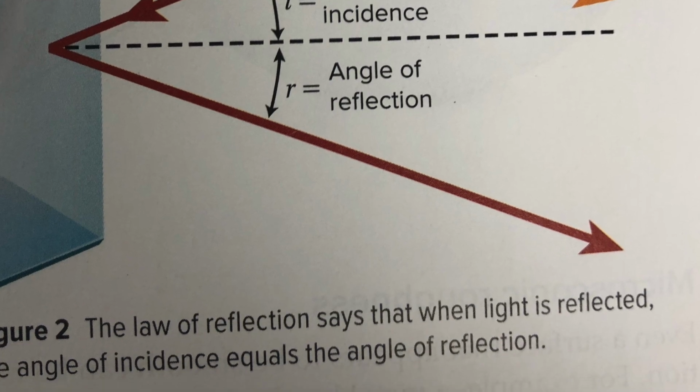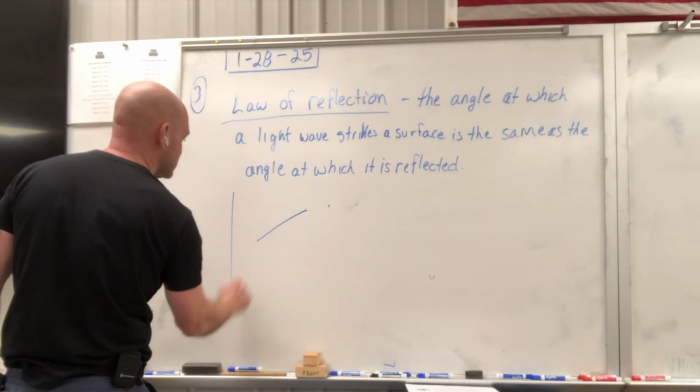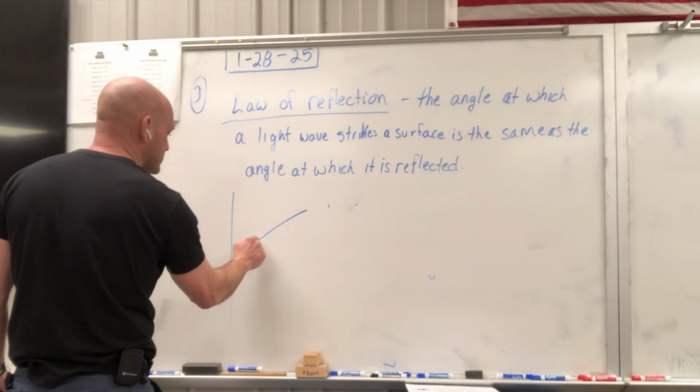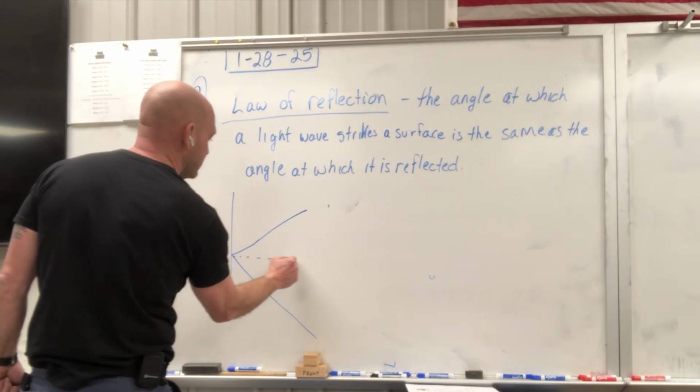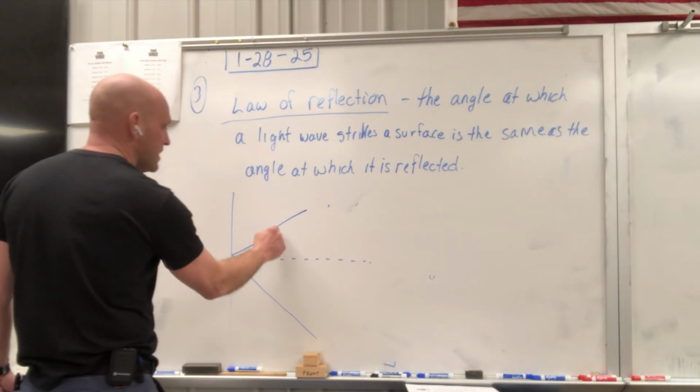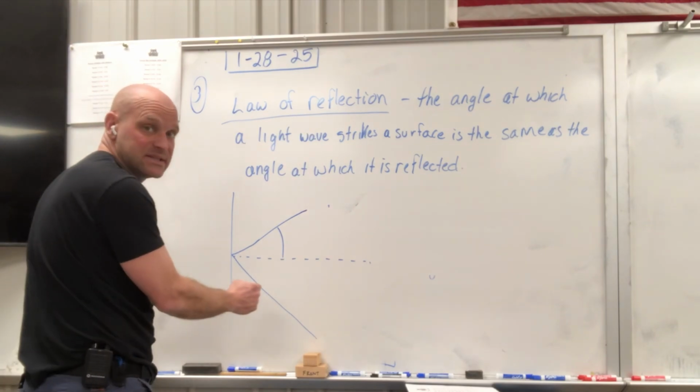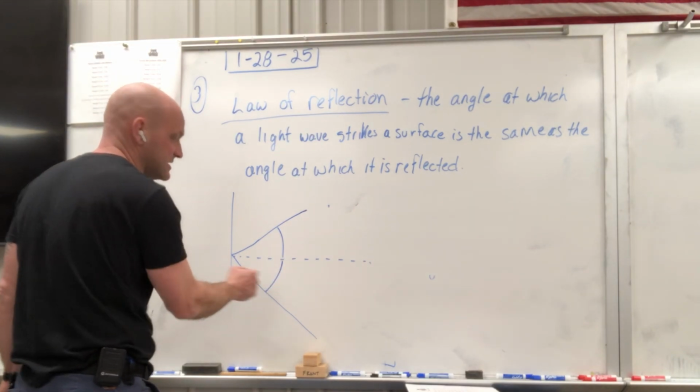So we have an angle. If this is a surface, the angle is going to bounce off, and we have the neutral line. This angle is the same as this angle.